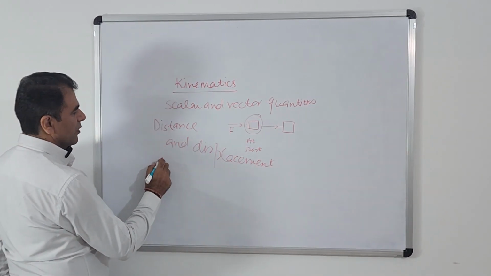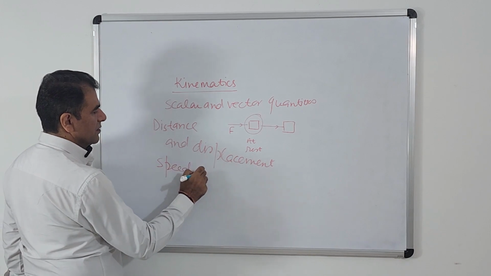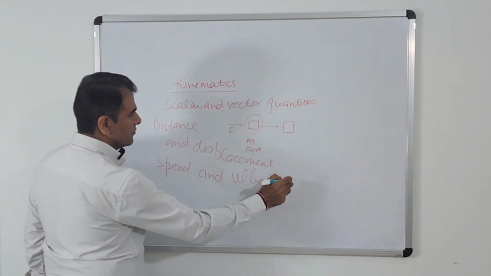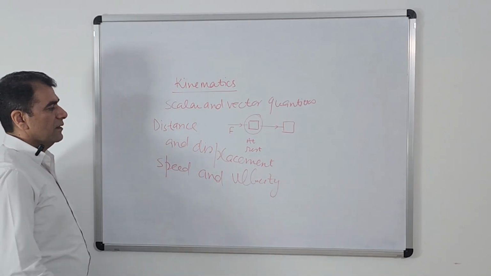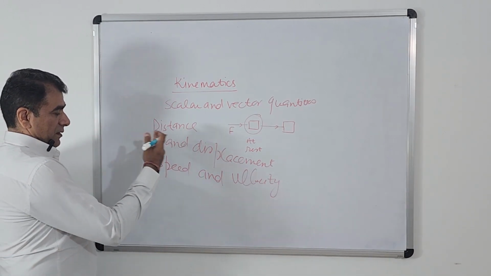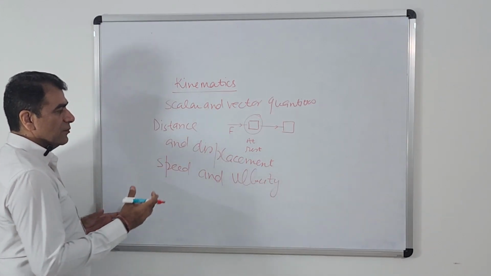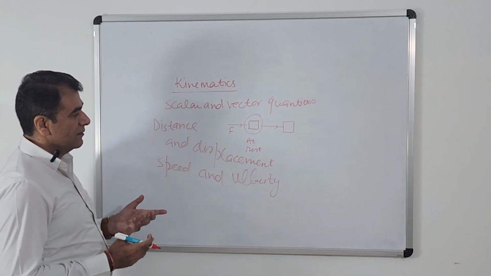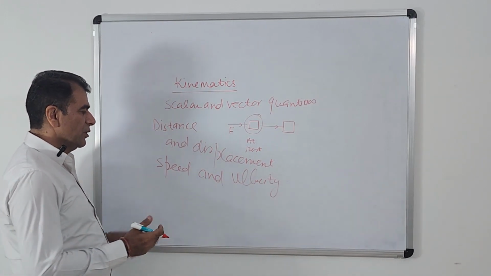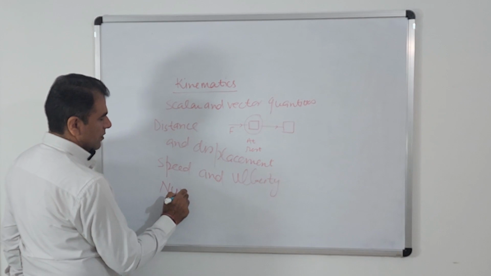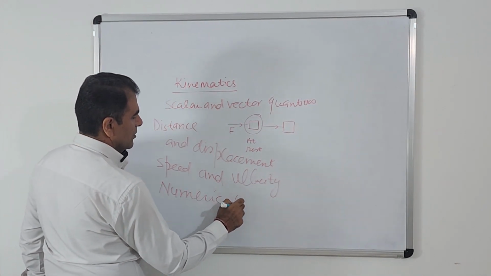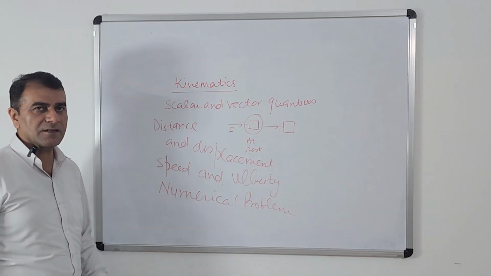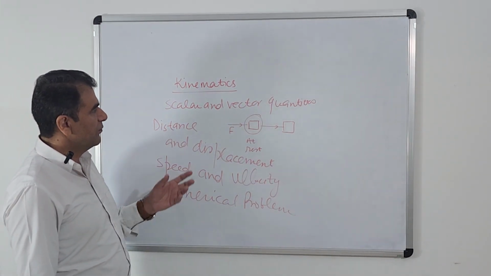Then we will also study speed and velocity, right? Then if we have time to cover all these things in one lecture, we will probably do some numerical problems also. If not possible in today's lecture, we will do it in the next lecture for sure, right?